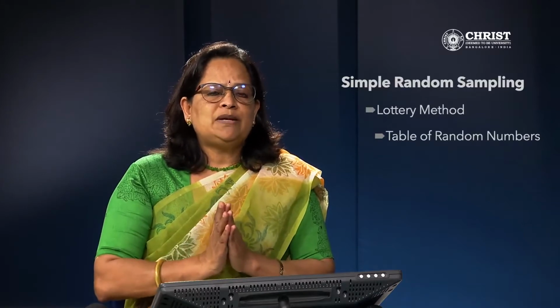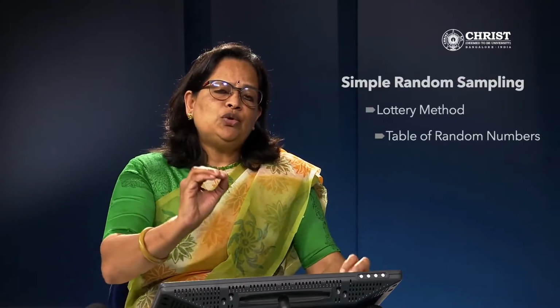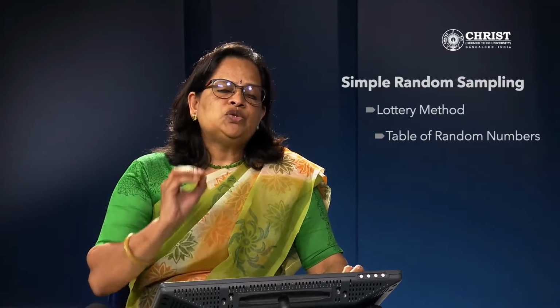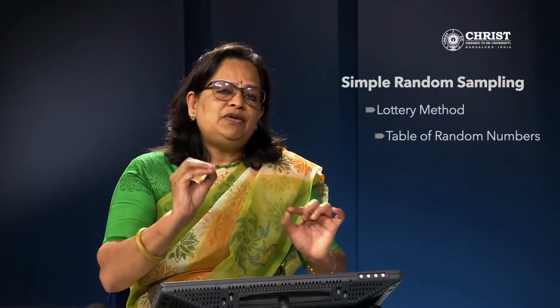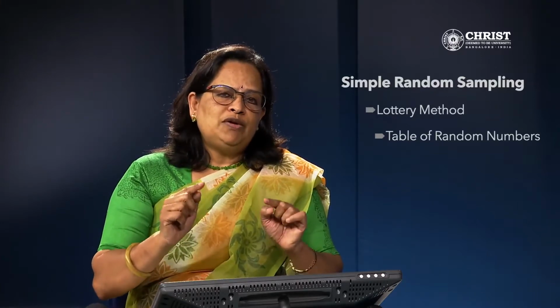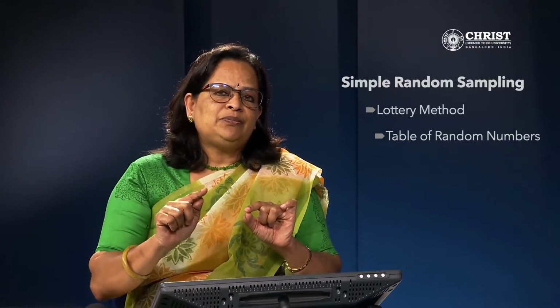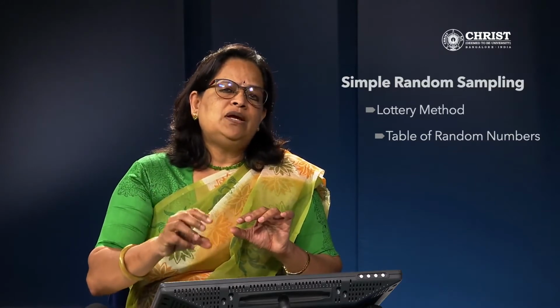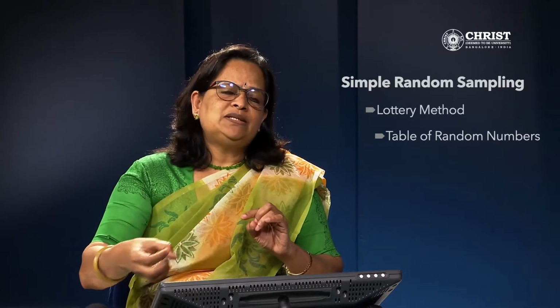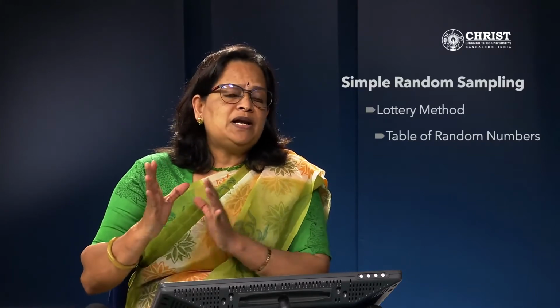We have the details of the 1000 students and know them by their register numbers. If our sample is 100 students from the 1000, we will make identical chits, write their register numbers, and ask some person to draw the chits from the 1000. That means we will get 100 students.